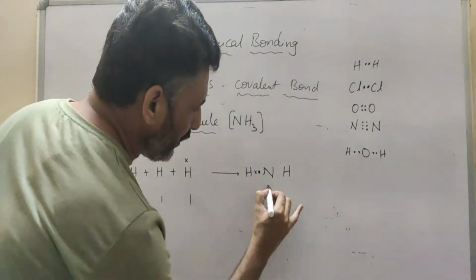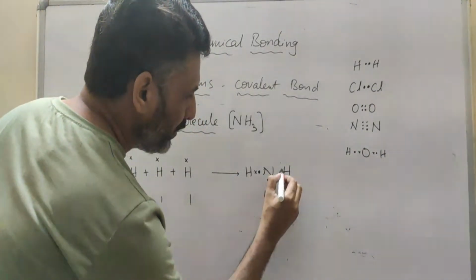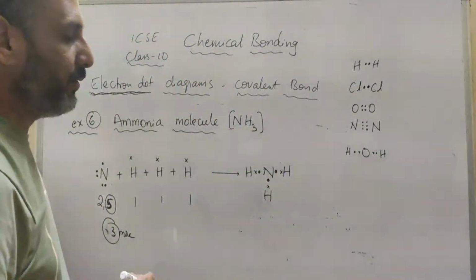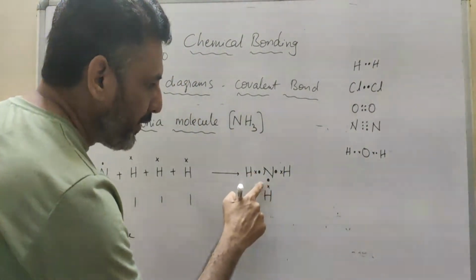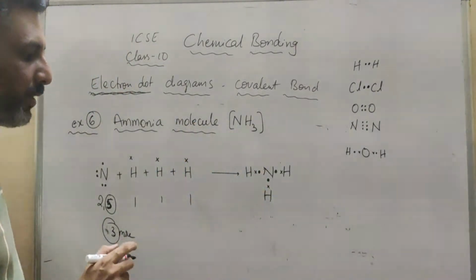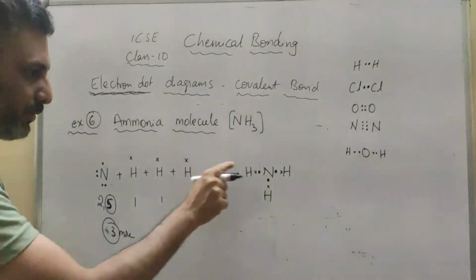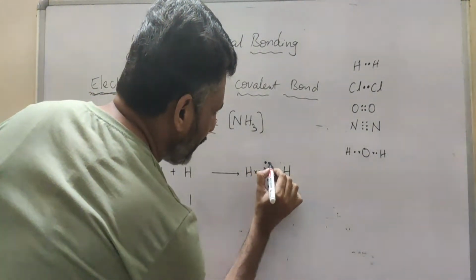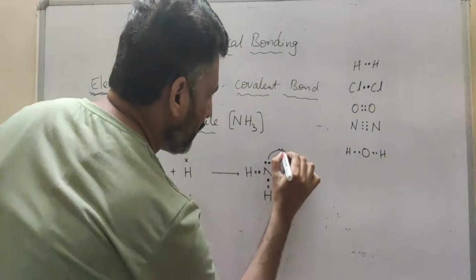This hydrogen gives 1 electron and nitrogen gives 1 electron. Similarly, this hydrogen gives 1 electron and this nitrogen gives 1 electron. So in total 3 pairs of electrons will be shared. But nitrogen is contributing only 3 out of 5, so there is still 1 pair of electrons left. This is called a lone pair.